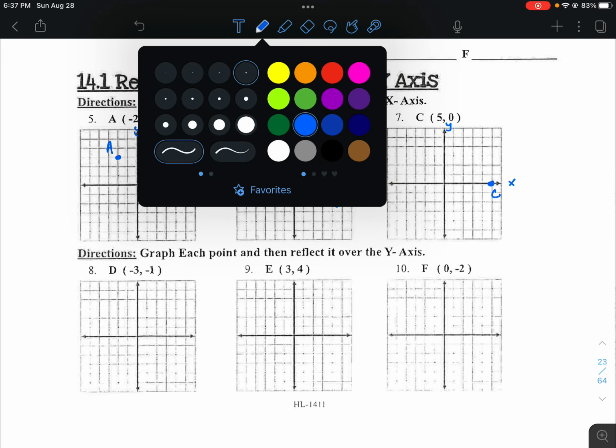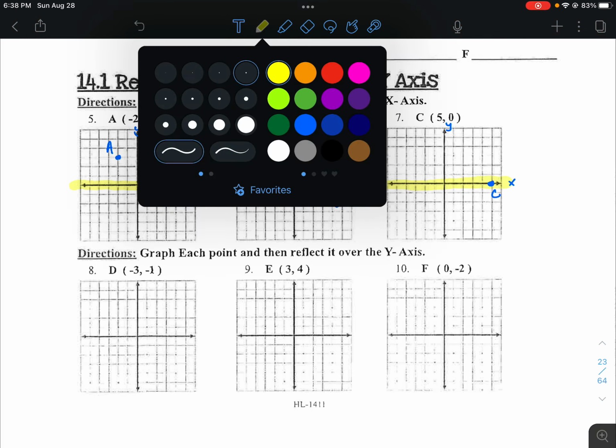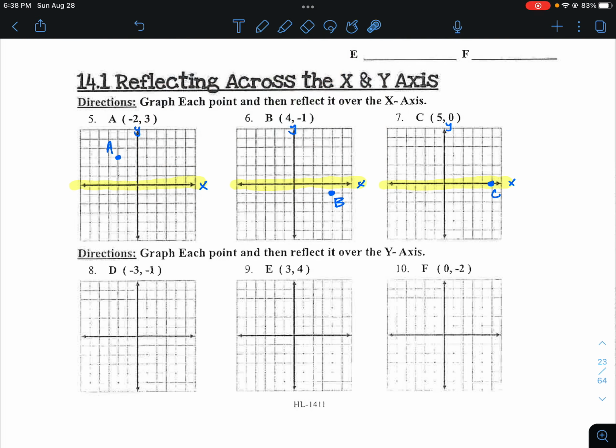Now to reflect over the x-axis, I'm going to use my little highlighter and highlight this line. This is the line that I'm reflecting across. Now, a reflection is like a mirror, right? So when you're reflecting across the x-axis, you're pretending the x-axis is the mirror. So let's look at this point.